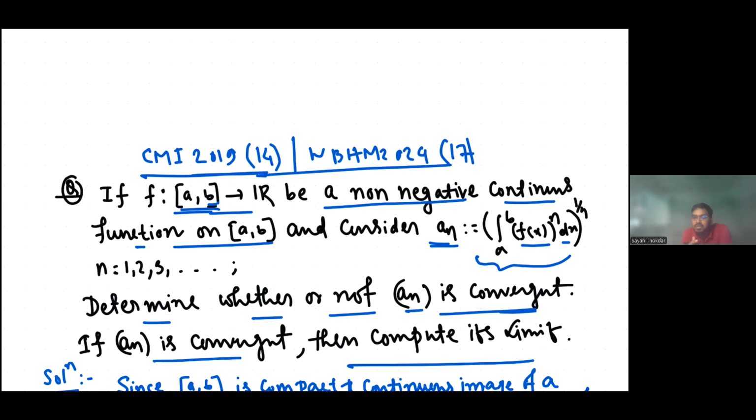In NBHM 2024 question 17, the sequence is constructed as a subsequence of this sequence. There f is any continuous function, and they have not mentioned that it is non-negative, but there is a term, the integral from a to b of f of x to the power 4n dx, whole to the power 1 by 4n. So a similar proof will work. I am not going through that, but I am just giving the underlying idea of how things work.